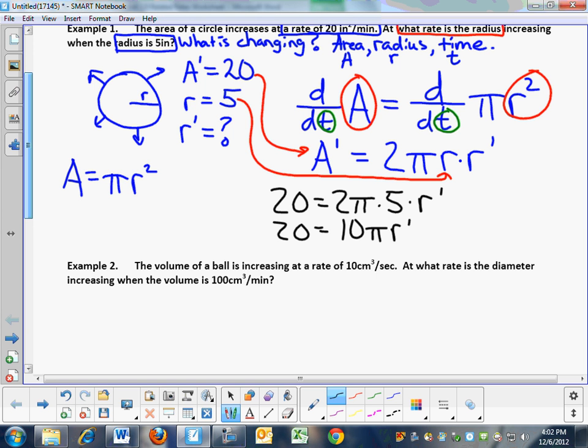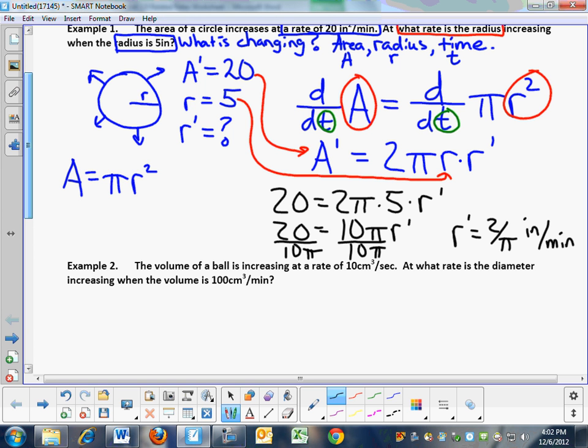Solve for r prime. Divide both sides by 10 pi. And we get r prime is equal to 2 over pi. That would be inches per minute.